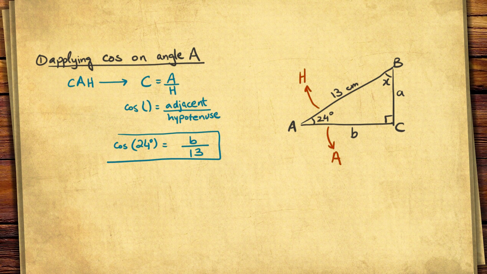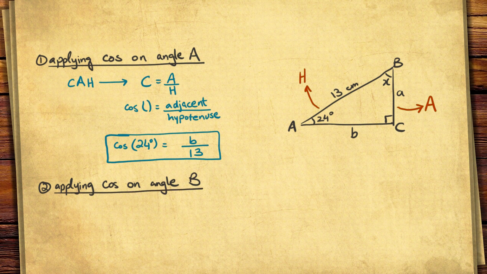Again, we are not worried about solving these equations, we are just practicing how to make these equations. If we use the other angle, that is angle x, then the side adjacent to it is this, side a. Using C equals A divided by H, we get cos of the angle x is equal to the adjacent side, that is side a, divided by the hypotenuse, that is 13 centimeters.